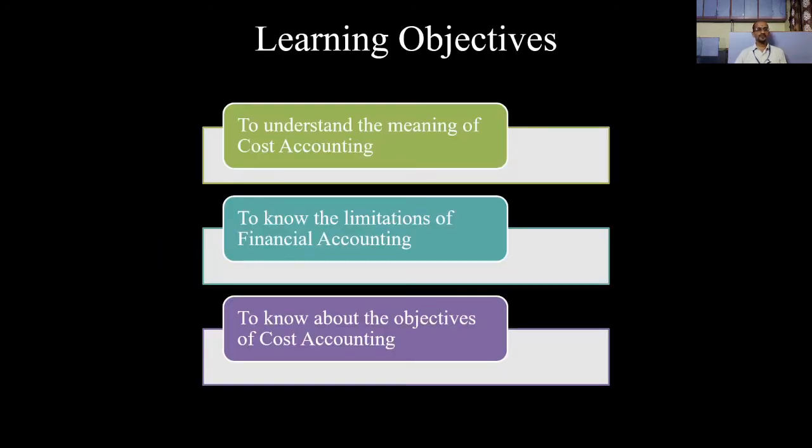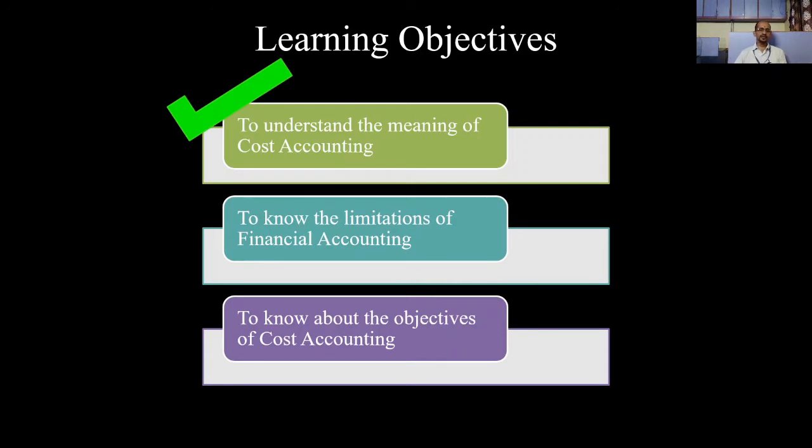Now the learning objective. In the last video, we covered the first learning objective, that is to understand the meaning of cost accounting. Now in this video, we are going to see the second objective, that is to know the limitations of financial accounting.